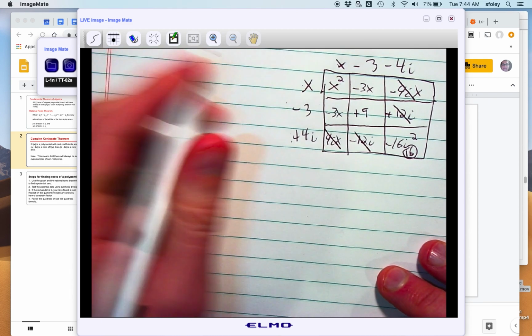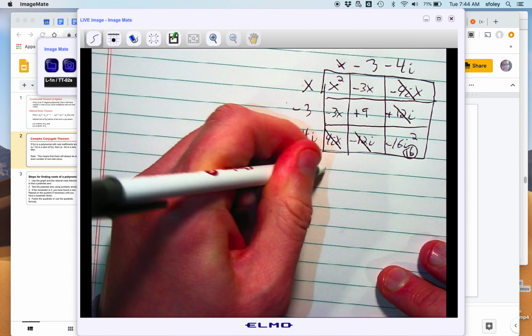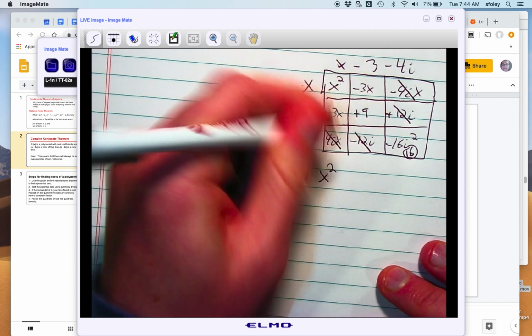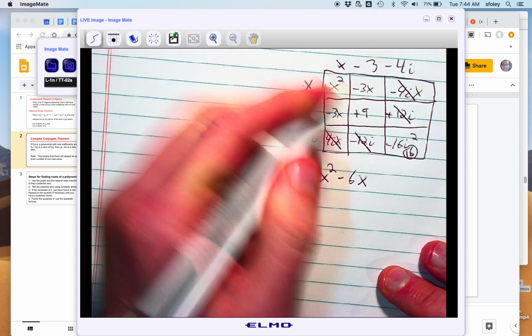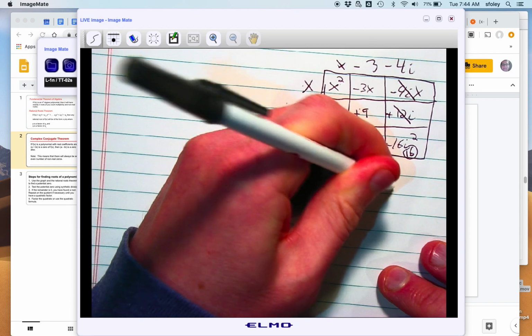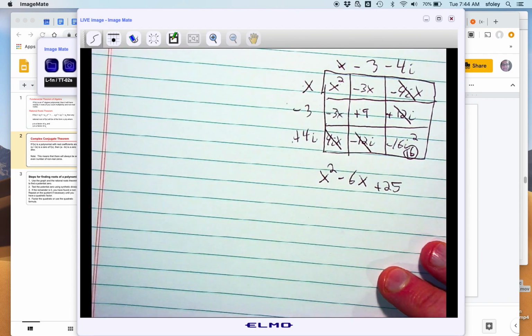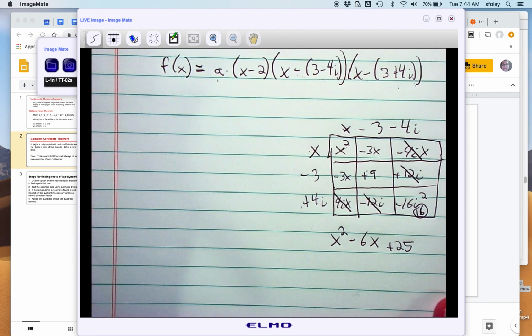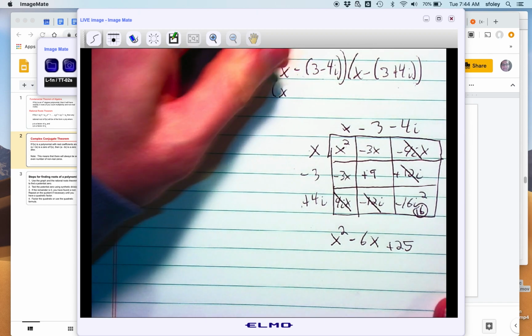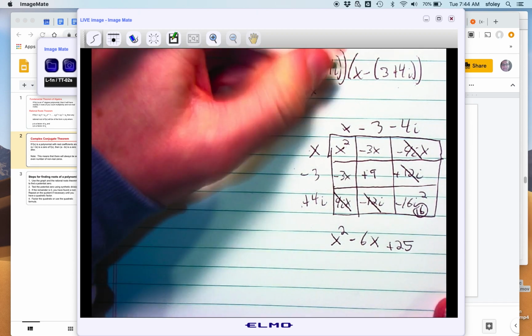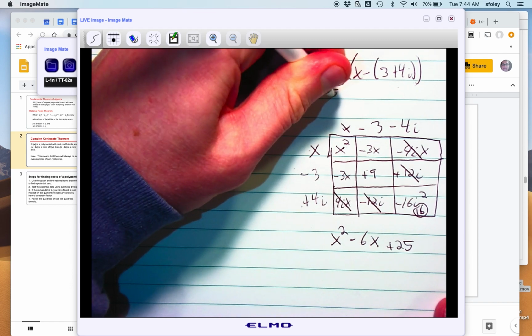And so when I put this all together, I've got x squared minus 3x minus 3x is minus 6x, 9 plus 16 is 25. And so these 2 factors actually multiply out to x squared minus 6x plus 25.